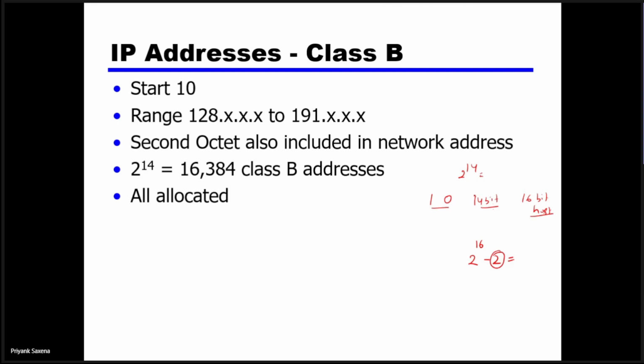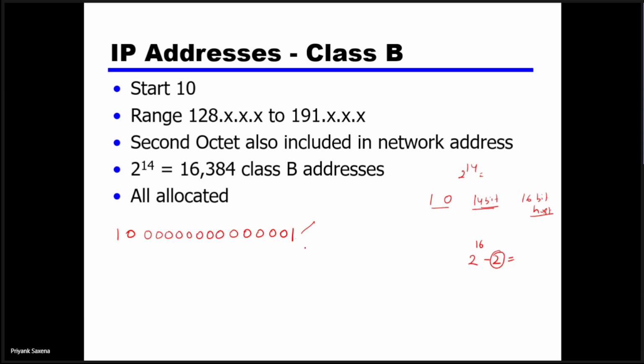So for each network, you can see that there are 14 bits, right? You put 14 bits like 0 0 0 0 with the 1 0 fixed. So your first network is this.